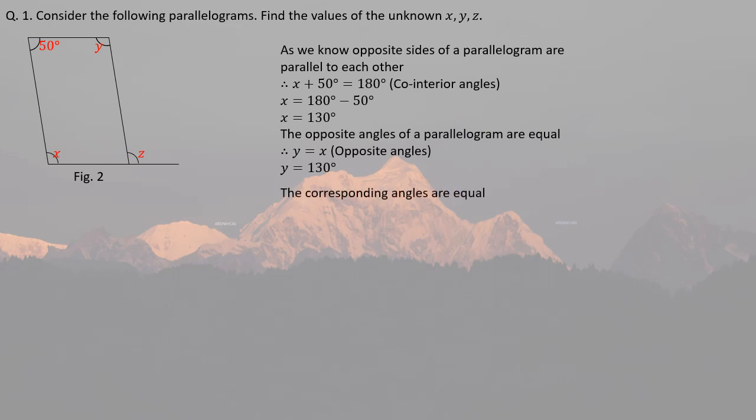Now whenever there are parallel lines, we have corresponding angles which are equal to one another. So z equals x, which are called the corresponding angles. You have already learned about this in the junior classes. So we know x equals 130 degrees, so z also should equal 130 degrees. So we found out the value of x, y and z.